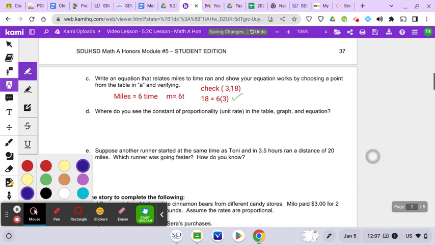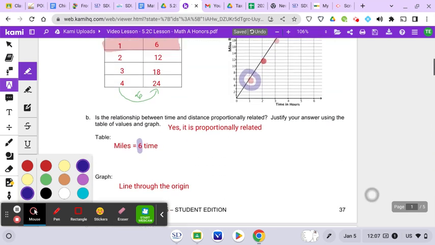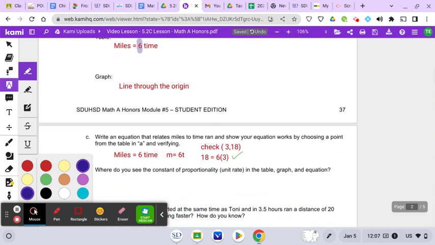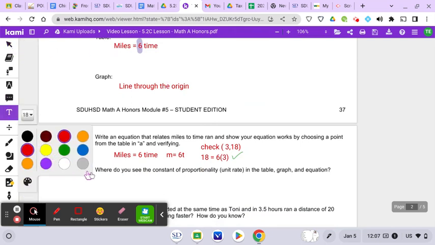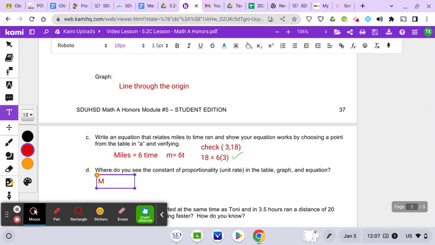Okay. So where's the constant of proportionality in the table? In the table, it's my row 2. Again, that would depend on how you set up your table. So table, my row 2, where the t is equal to 1 and the m is equal to 6. On the graph, again, it's at the point 1, 6. In the equation, it's the number in front of the independent variable.